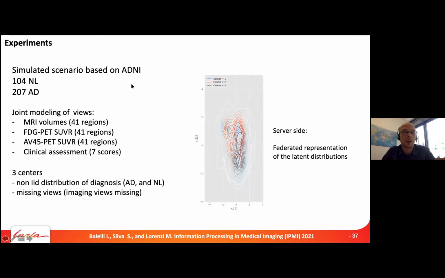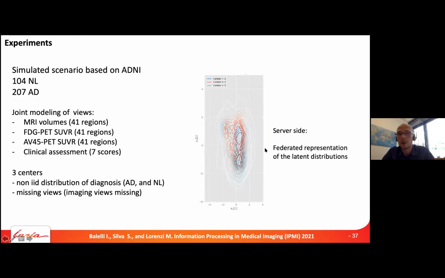As an example, we used ADNI, with controls and Alzheimer's subjects. We have these different views, and we didn't use very large dimensions. We generated a non-iid distribution, so some centers have only Alzheimer's, some have only controls. There are missing views; not all the centers have every modality.